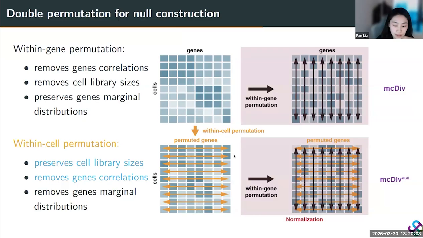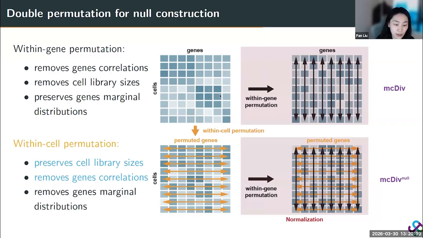However, this kind of permutation alone would make the null statistics not really comparable to the original ones, as these new columns would become permuted genes instead of the original ones. So to make them comparable, we add a second layer of permutation, which is called the within-gene permutation, as the normalization step. Then the top row and the bottom row could form a comparable pair.